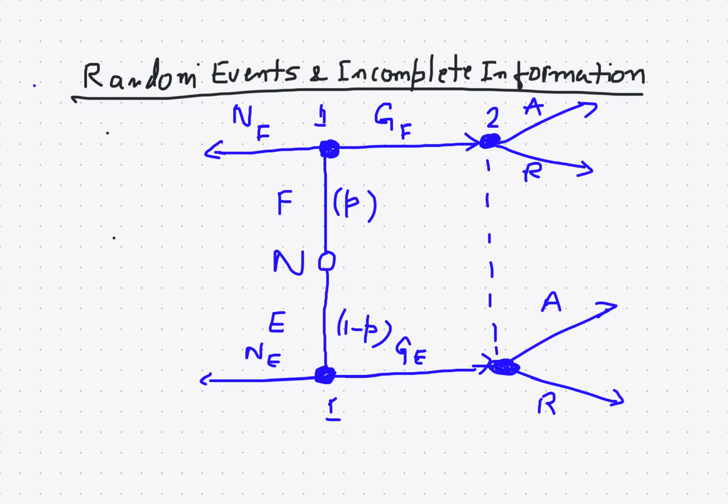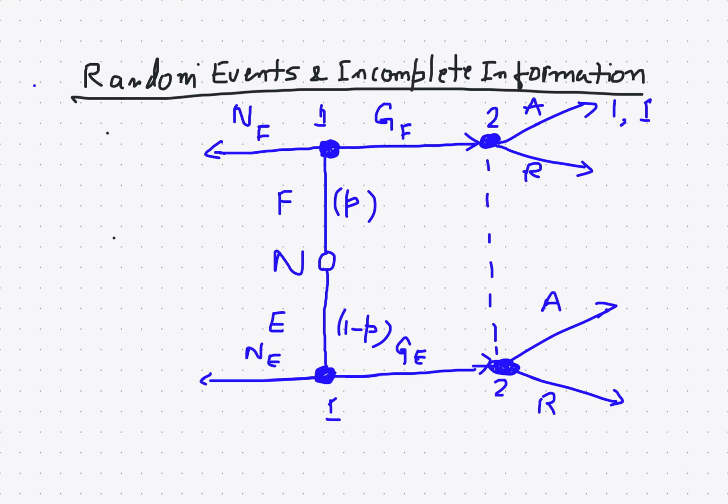These are the nodes of player two, but player two doesn't know at which node she is playing. Say player one gives a gift and player two accepts. Let's say player one gets a payoff of 1 and player two gets a payoff of 1 as well. Let's suppose that gifts are wrapped. Player two doesn't know just by looking at the gift whether it's a good gift or a bad gift.